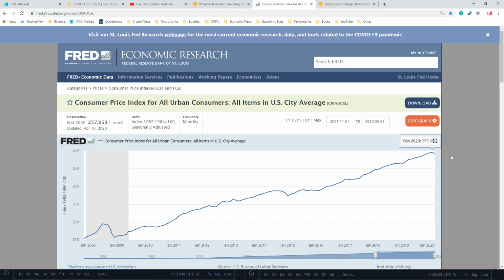We're seeing deflation, so the prices of goods and services for all urban consumers on average in all major US cities is going down. So it's actually deflation right now.